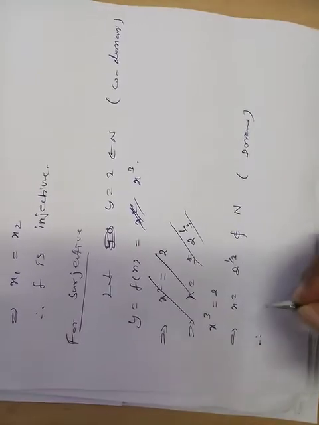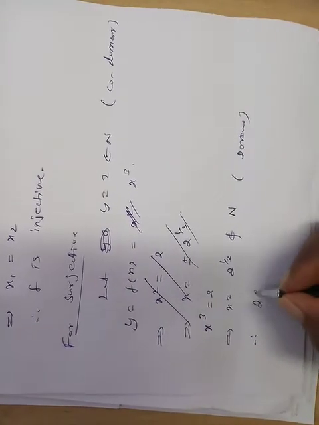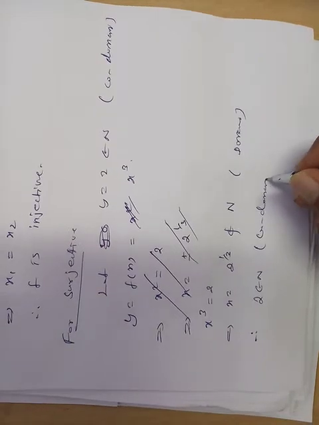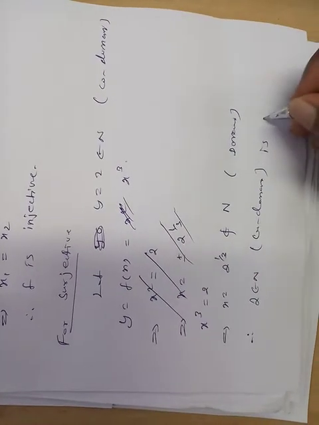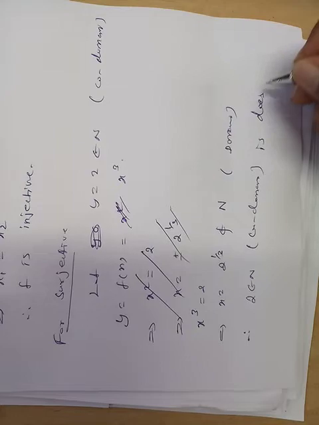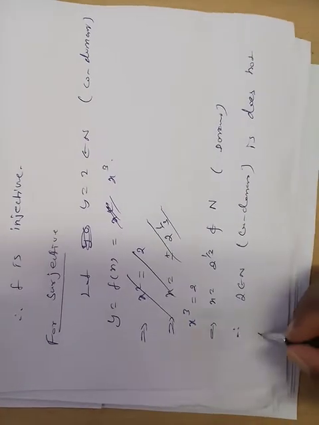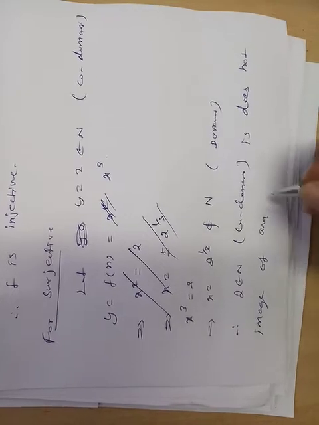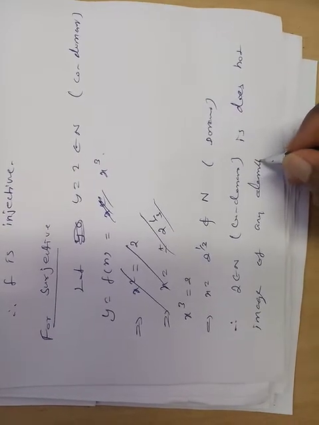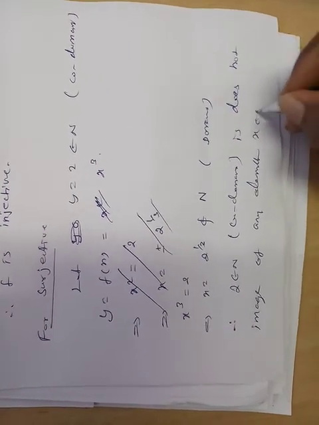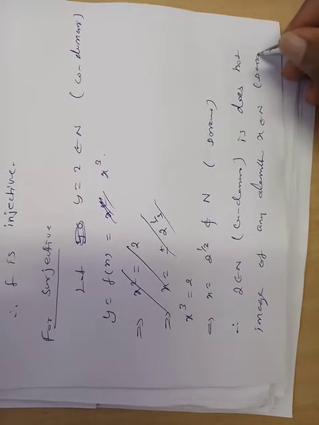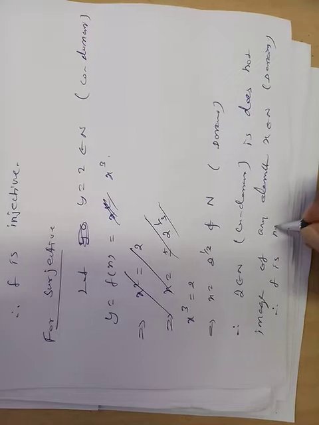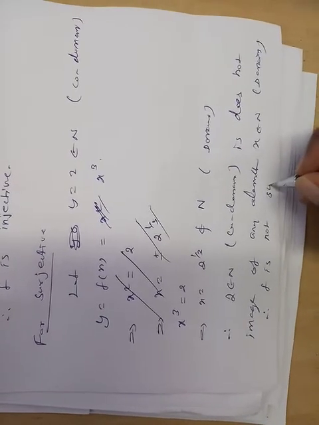Therefore 2 belonging to N in the codomain is not the image of any element x belonging to N, the domain. Therefore f is not surjective.